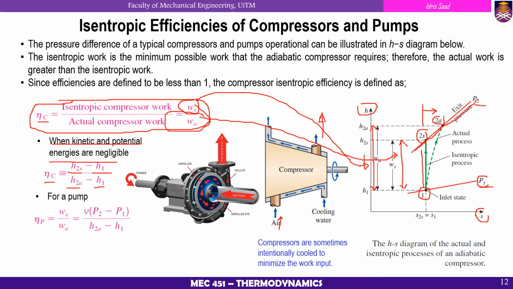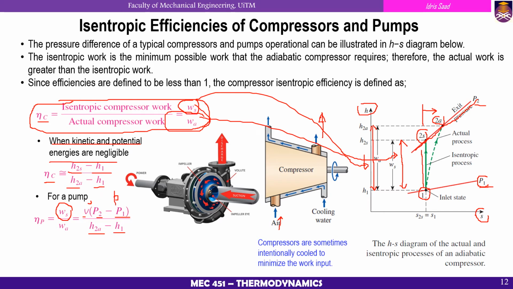In the case of the pump, the isentropic work required can be calculated as the specific volume multiplied by the pressure at the exit of the pump minus the pressure at the inlet of the pump, which is delta P, divided by H2A minus H1.